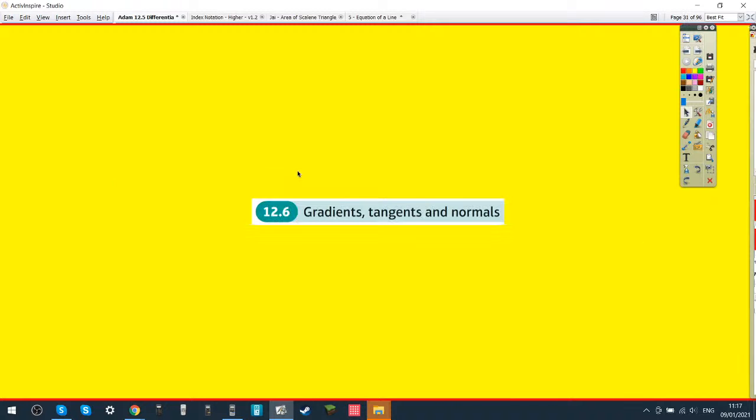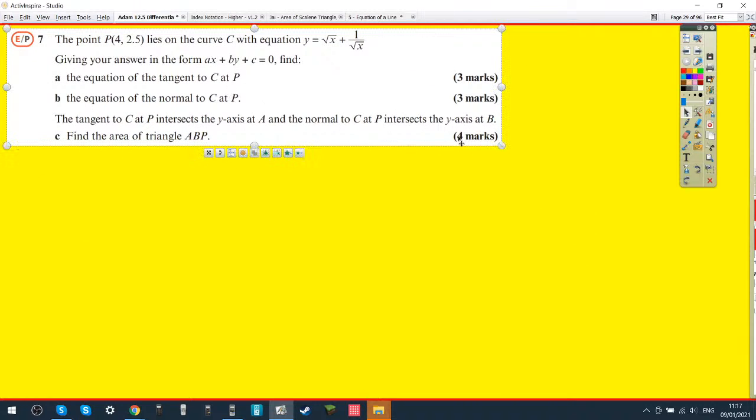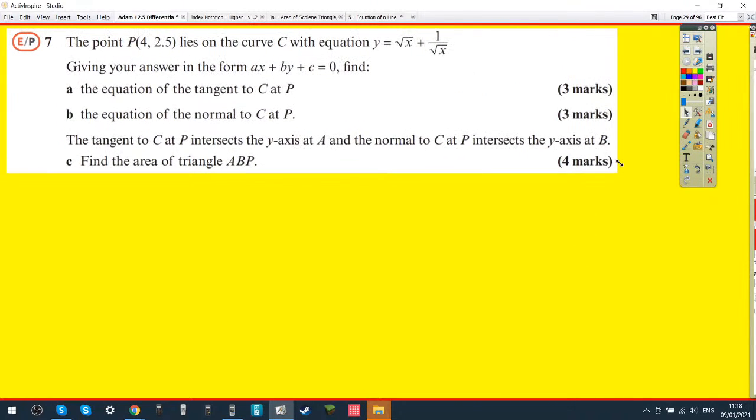I think I'll do, even though it's very difficult, let's try question 7.